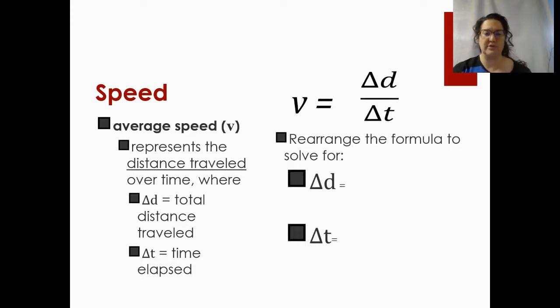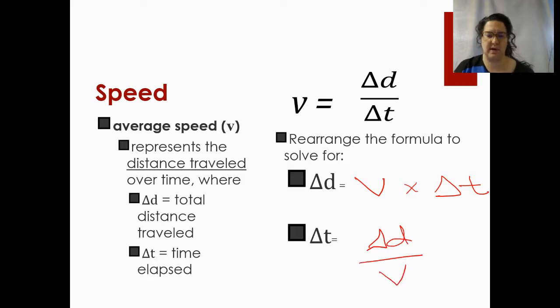We can rearrange this formula to solve for distance, and we can rearrange it to solve for time. So d is equal to v times the change in time, and t is equal to the change in distance divided by the average speed.